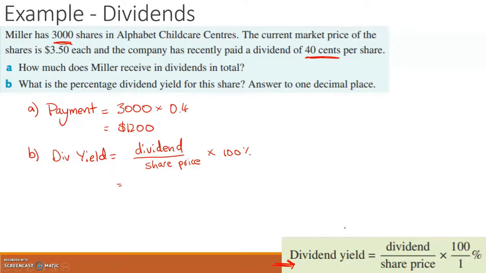So the dividend is 40 cents per share, so 0.4, and the share price is $3.50, so 3.5, and we multiply that by 100%. So 40 cents per share divided by the $3.50 cost per share, multiplied by 100%. And I just want one decimal in my answer, so I'm rounding. My answer is 11.4%.